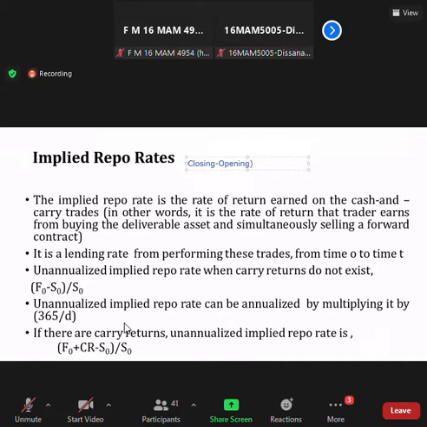This will give you the capital gain. Capital gain plus dividend, this total figure, this gain, we are going to divide by the opening price, the purchase price. Closing price minus purchase price of the share, plus dividend that we receive, divided by the purchase price.